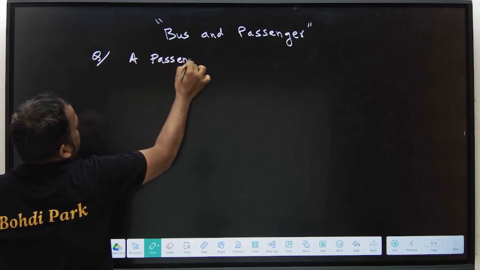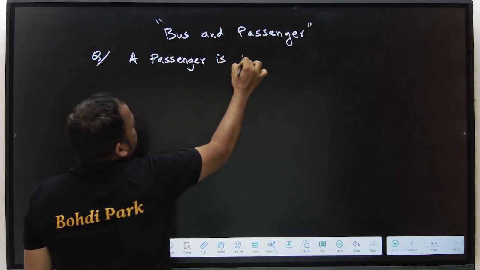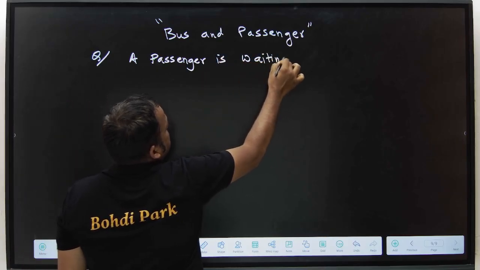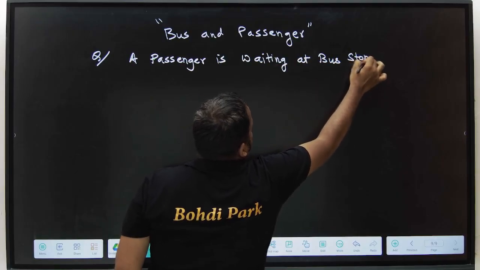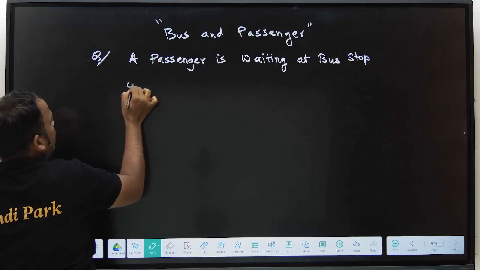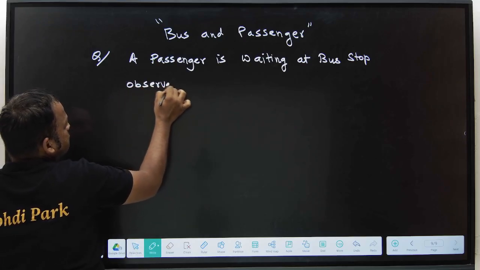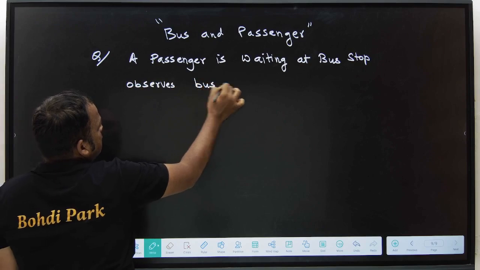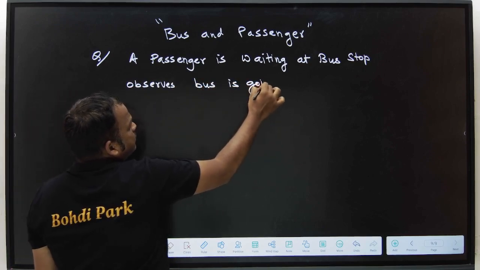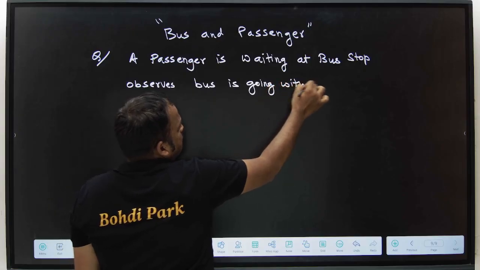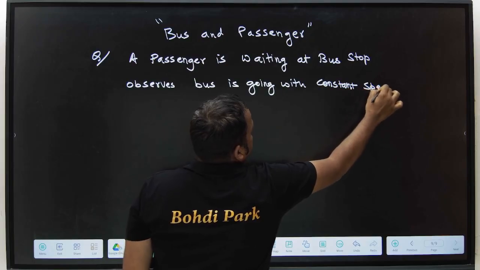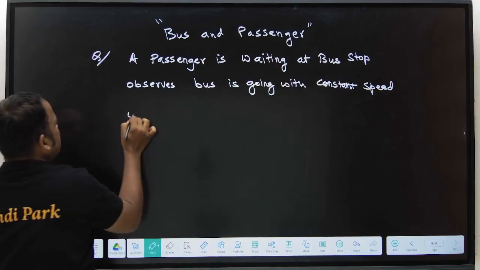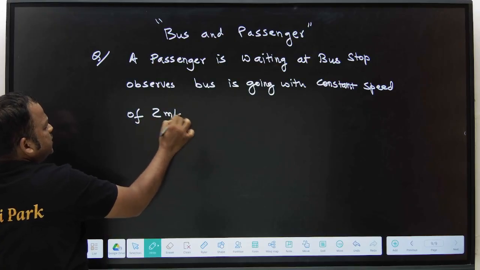A passenger waiting at a bus stop observes a bus going with a constant speed of 2 meter per second.